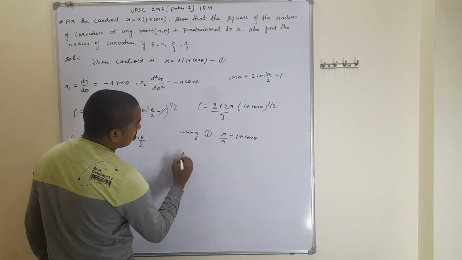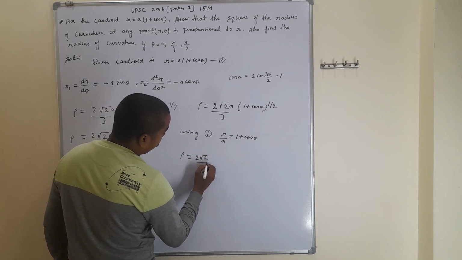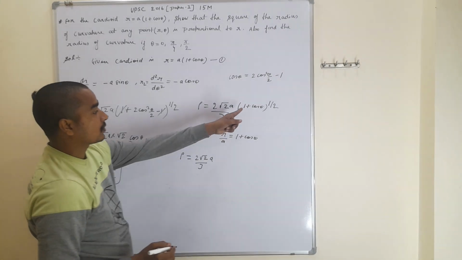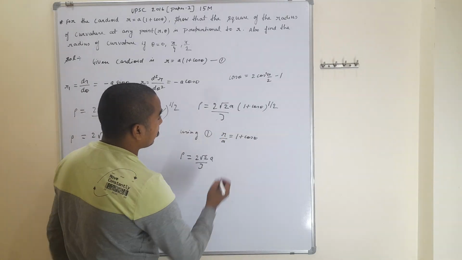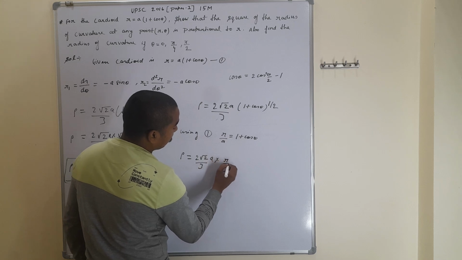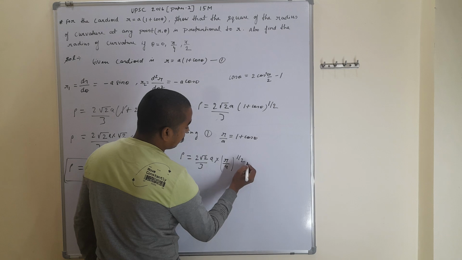So rho is equal to 2 root 2 a upon 3, and putting the value in place of 1 plus cos theta, that is r by a, into r by a whole power 1 by 2.